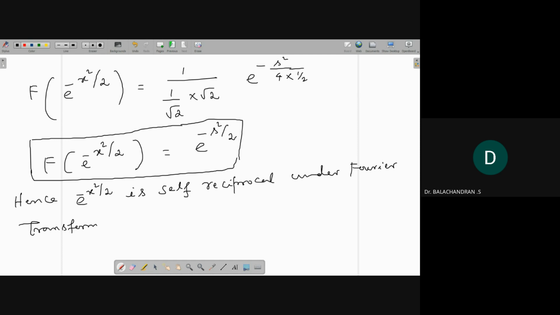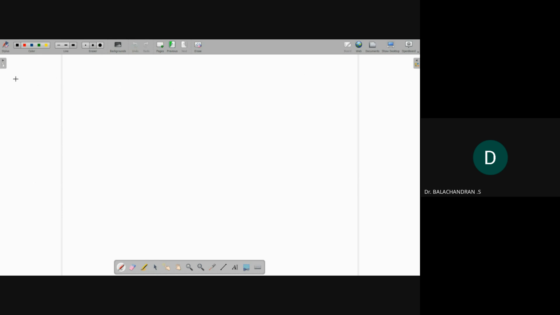So I'll give a practice problem to you. The solution is available in the book. Suppose you don't get the answer, you can refer to the book.